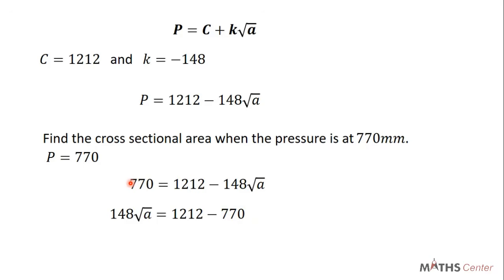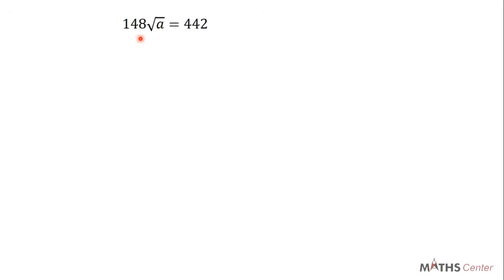770, because this is positive here, so when it comes here, it becomes negative. This will give us 148 square root of A is equal to 1212 minus 770. And we will have 148 square root of A is equal to 442.